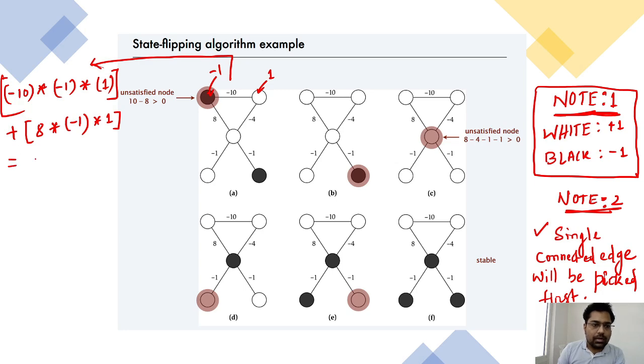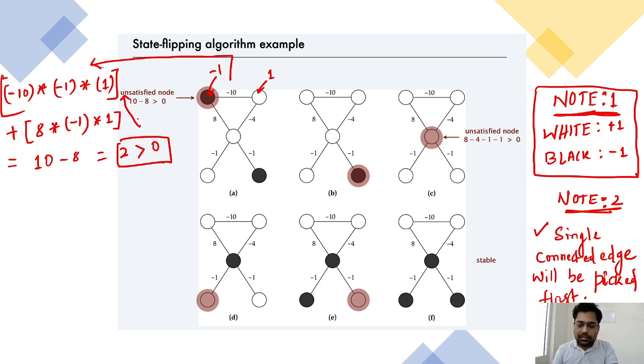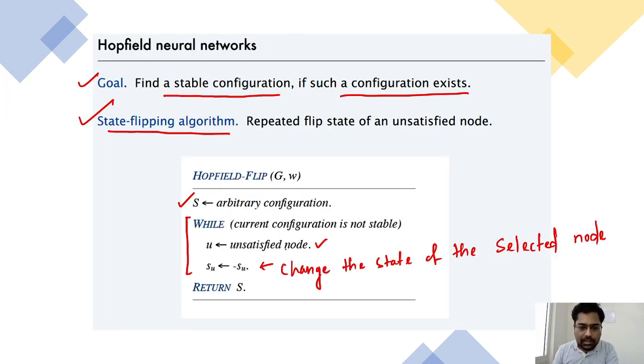So in this way what we got, 10, other side is 8, whether it is less than 0 or not. If it is not less than 0, no, so we can say it is unsatisfied. So here we are getting 2, which is greater than 0, so it is unsatisfied. If it is unsatisfied, we should change the state.